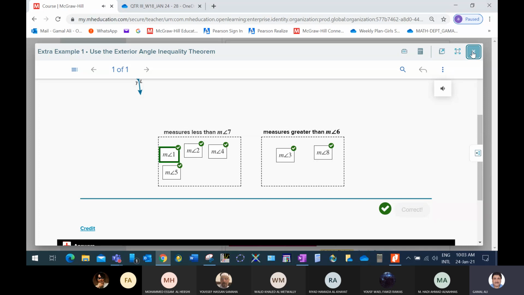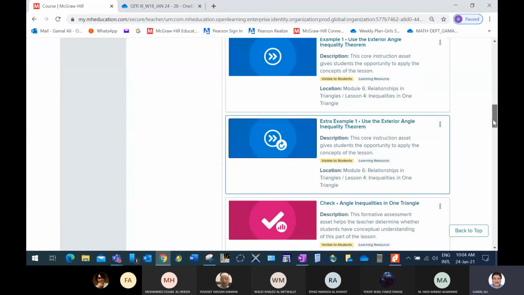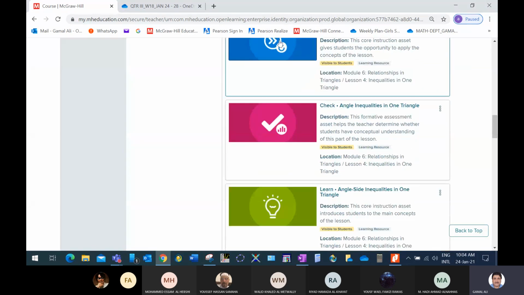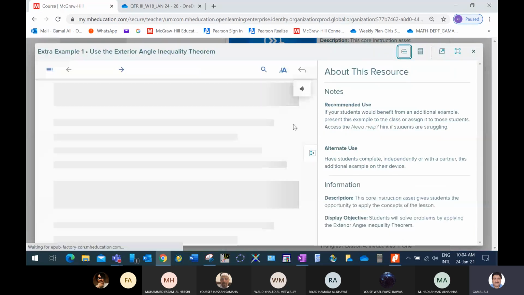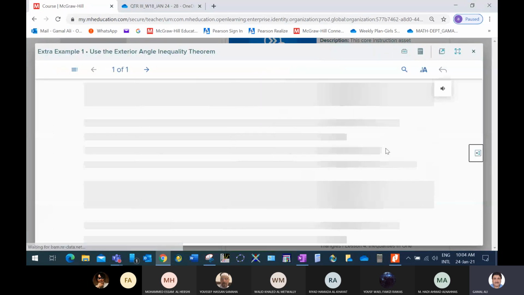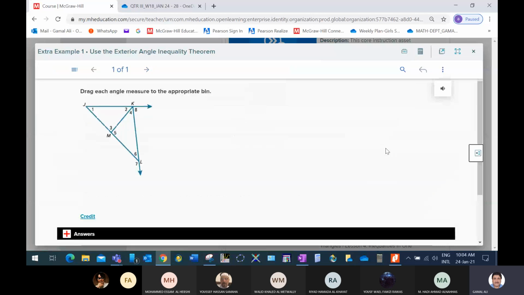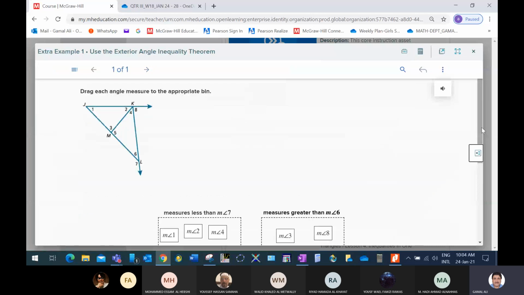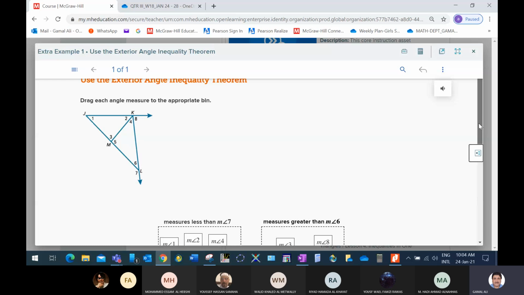Kareem, can you solve example number 2? Example number 1? Extra example.